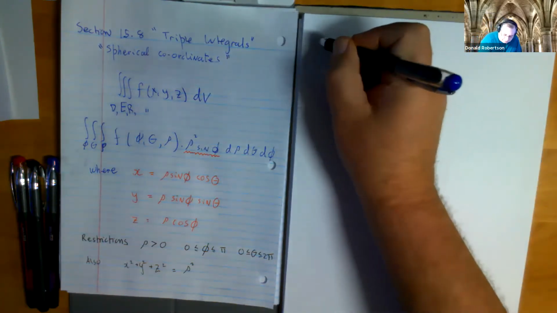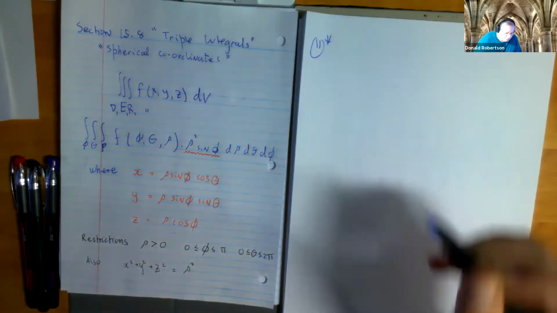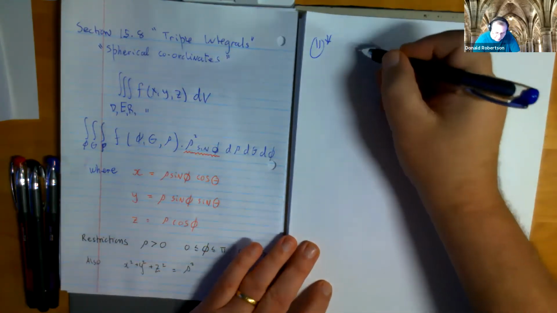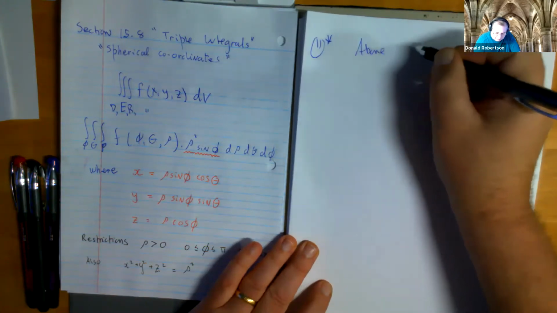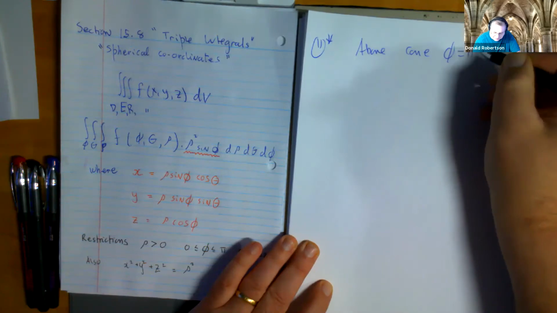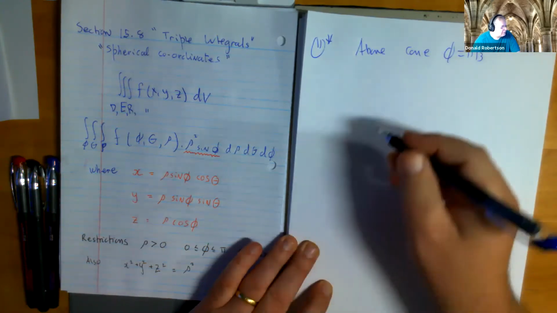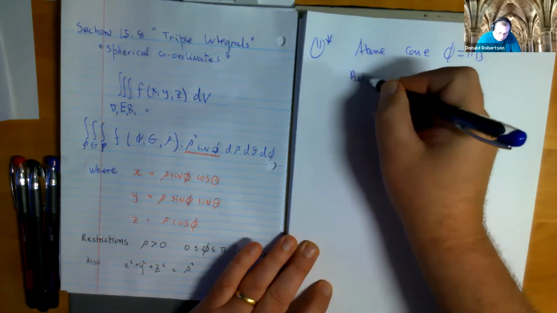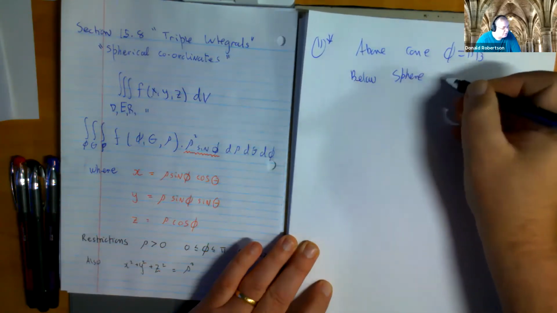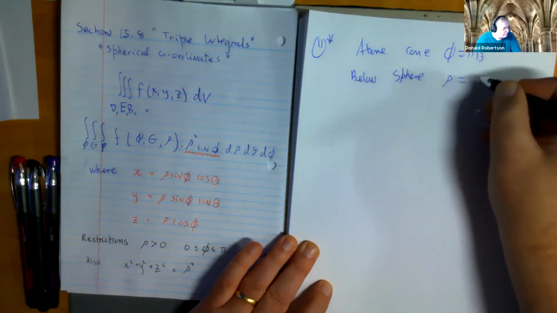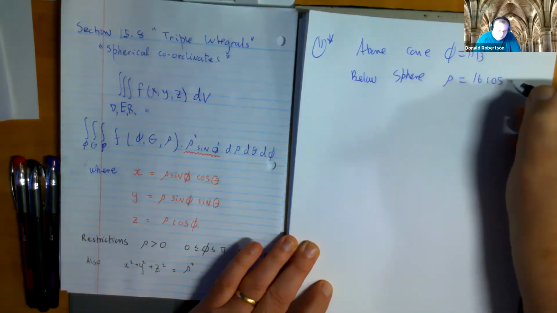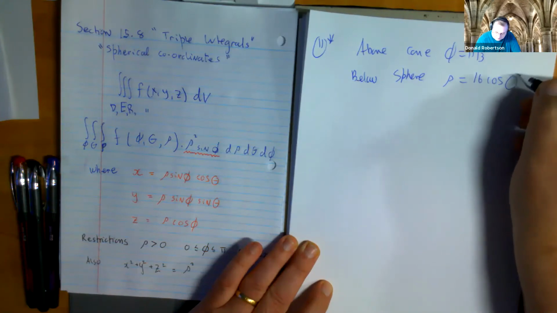This is going to be version like 11. We're going to find the volume that lies above a cone. And the cone is described by that fella. And below, a sphere. And the sphere is described essentially like that.